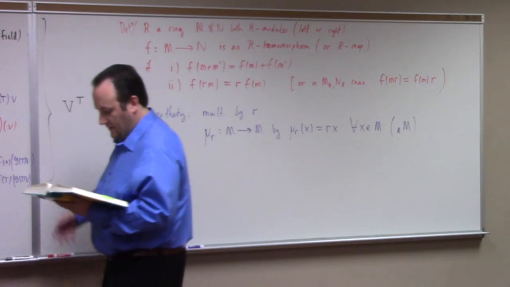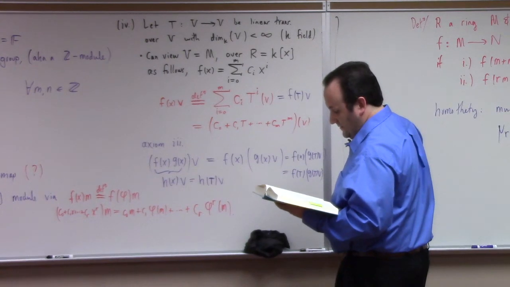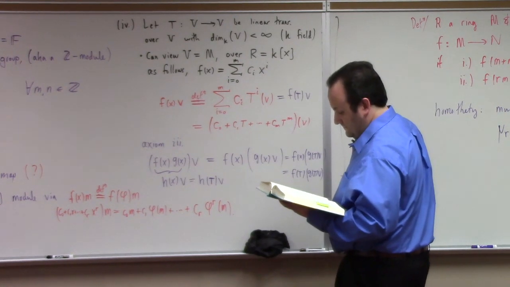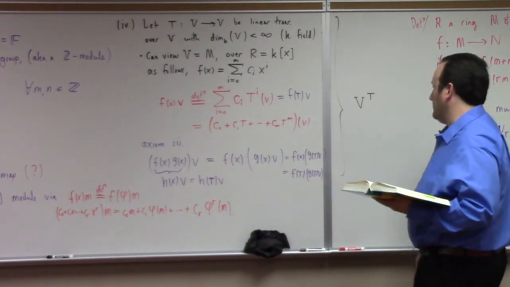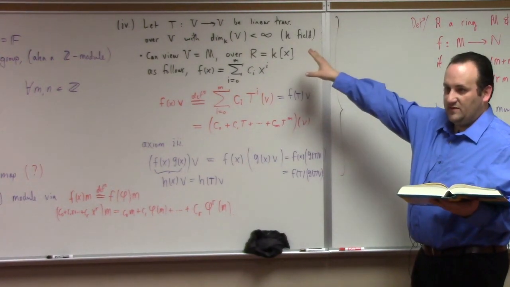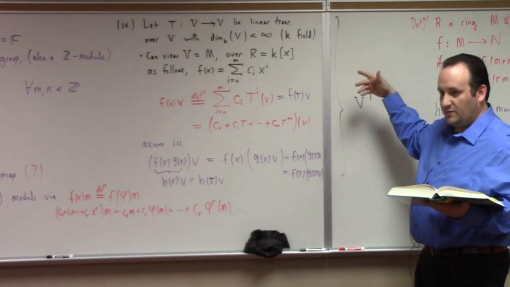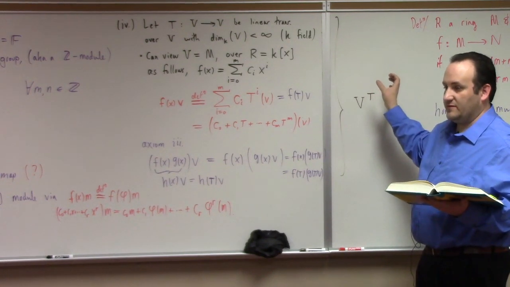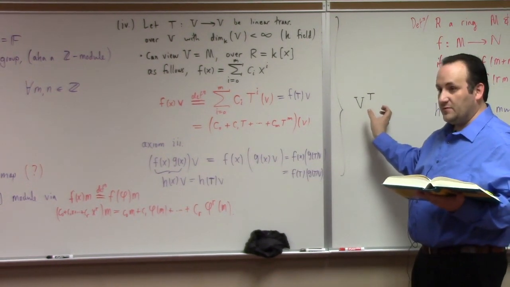If we look at the R module built over the linear transformation, the question is... his example 4 basically shows that if we pick a basis for the vector space, and we look at the corresponding kx module built from multiplication by powers of the matrix, then that kx module is isomorphic to this kx module.